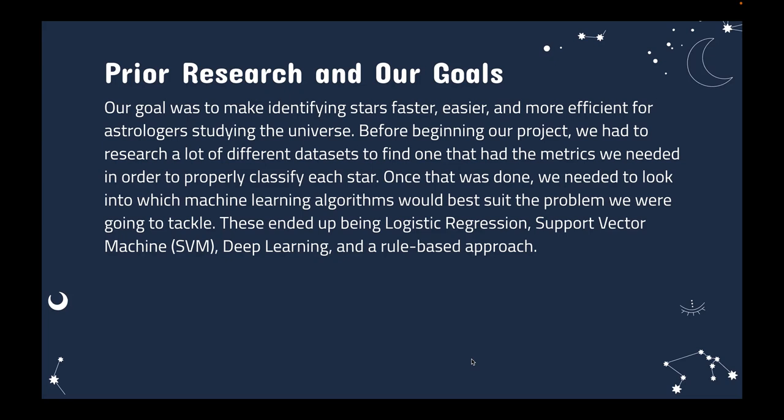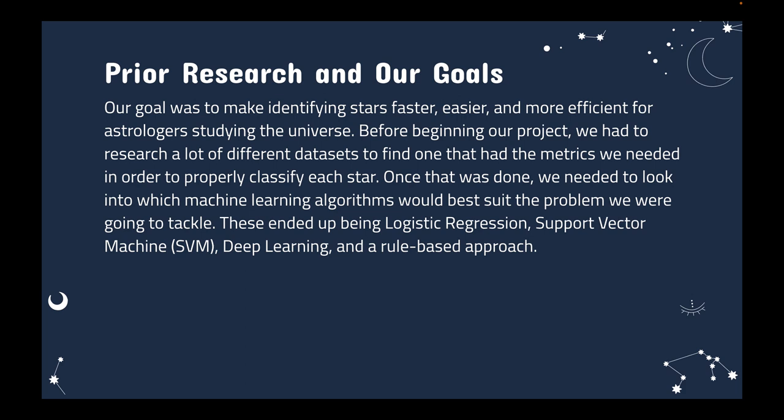In our goals, our main goal was to make space exploration more efficient by allowing scientists to quickly and easily classify stars by type. Before starting on our project, we had to find a good data set. This was hard at first because originally we wanted to identify exoplanets, but no suitable data sets could be found.